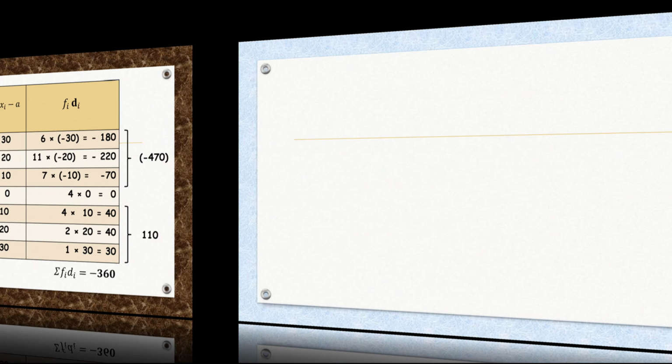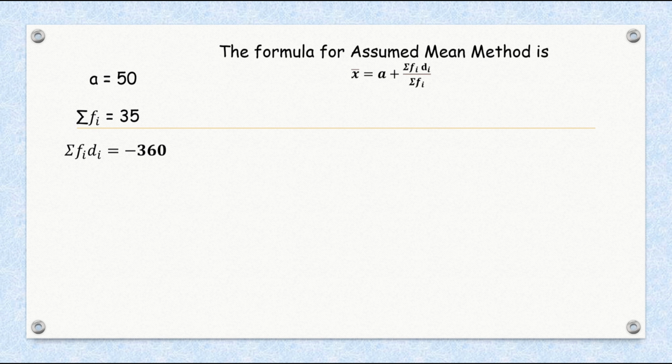Now we have assumed mean a equal to 50. Summation fi is 35. Summation fi di is minus 360. We need to substitute all these in the formula. The formula for the assumed mean method is x bar is equal to a plus summation fi di divided by summation fi.